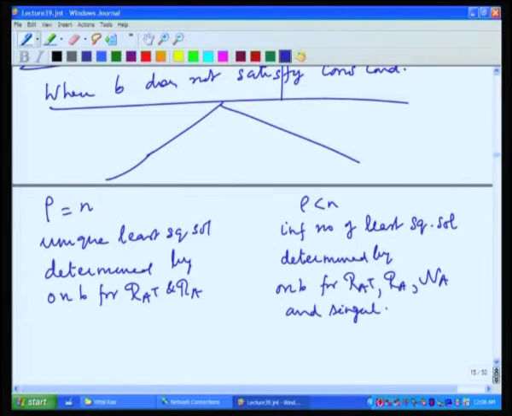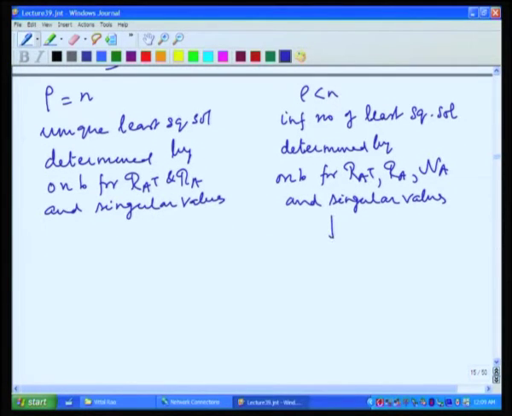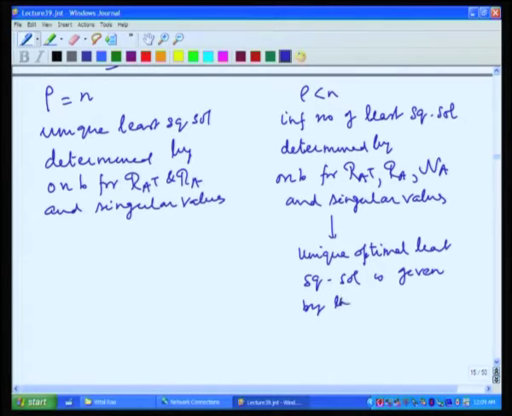In all these cases, the singular values come into the picture. And in the case of an infinite number of solutions, the unique optimal least square solution is given by the basis for range of A transpose, range of A and singular values.